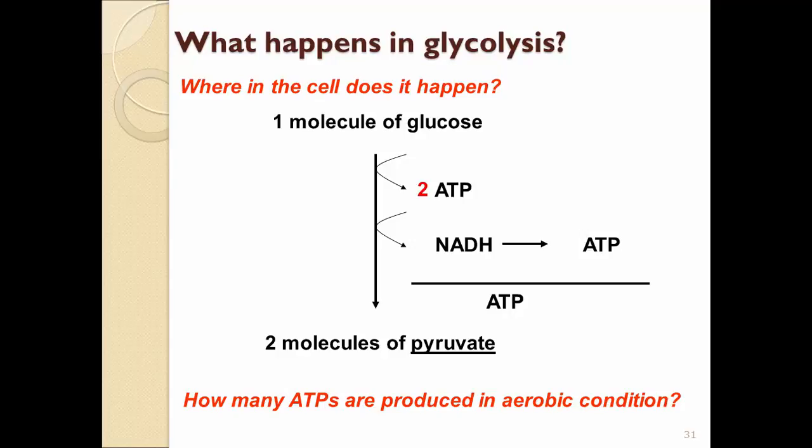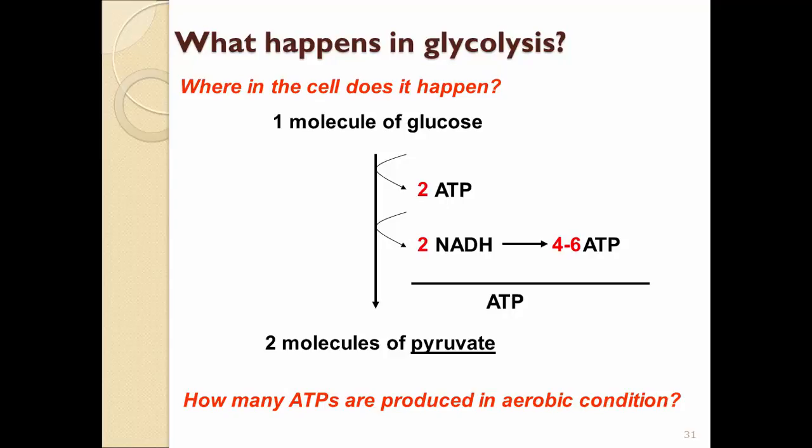Remember there are 2 ATP-generating reactions in the second stage, from each 3-carbon molecule, so from one 6-carbon glucose it should generate 4, right? And how many NADH? 2, yes. And to convert eventually to ATP, 4 to 6.